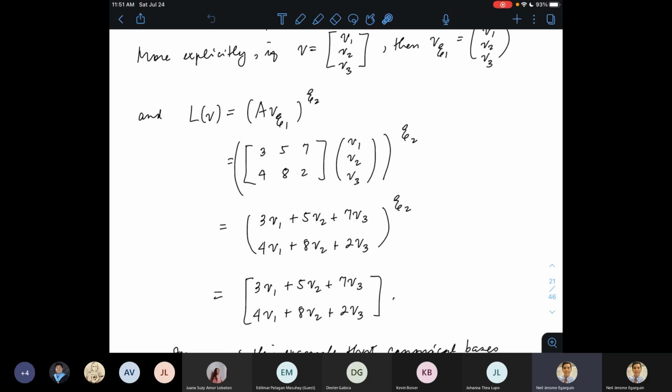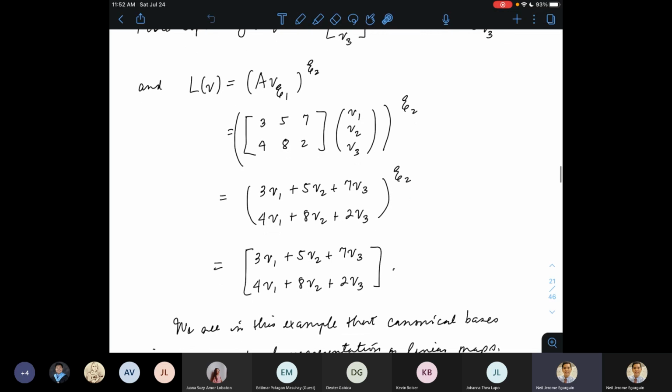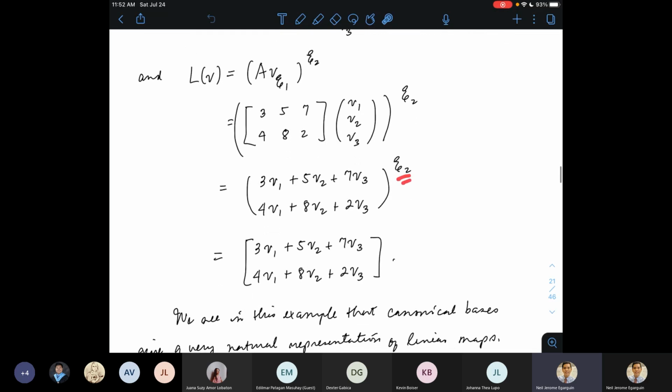So when I do the matvec multiplication, I'll get this guy. But remember that what we get out of the matvec operation is a set of coordinates, and hence the use of parentheses. So if these are in parentheses, that means they are not the actual vectors we are looking for. So I need to convert it back as a linear combination of the elements of the ordered basis.